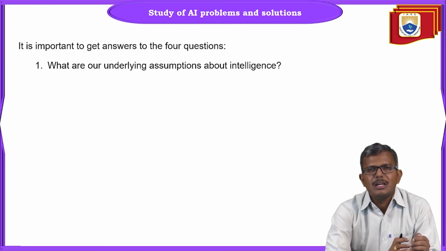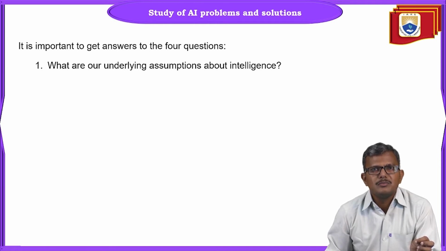Similarly, if you have any wrong assumptions, you need to remove them from your mind. Why? Because artificial intelligence programs are not that simple. They need a lot of involvement of human experts. So that is the first question: what are our underlying assumptions about intelligence?